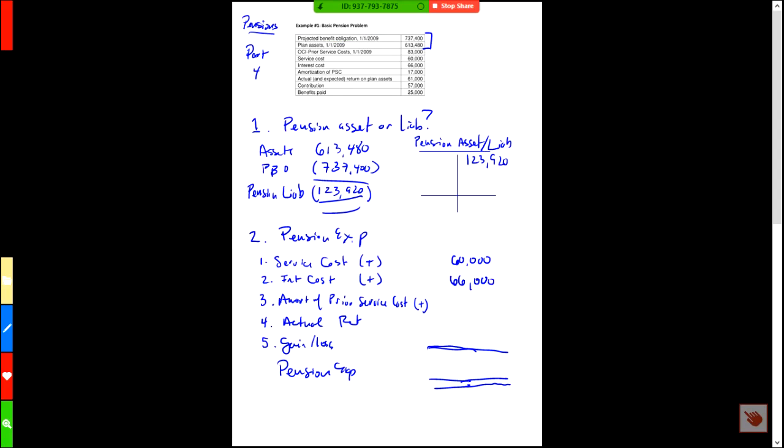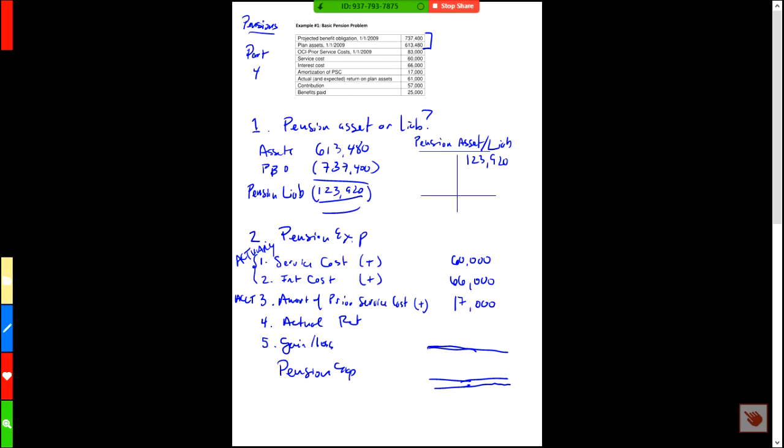These 2 are given to us by the actuary. We just get the numbers. Amortization of prior service cost, 17,000. This is an accounting number.